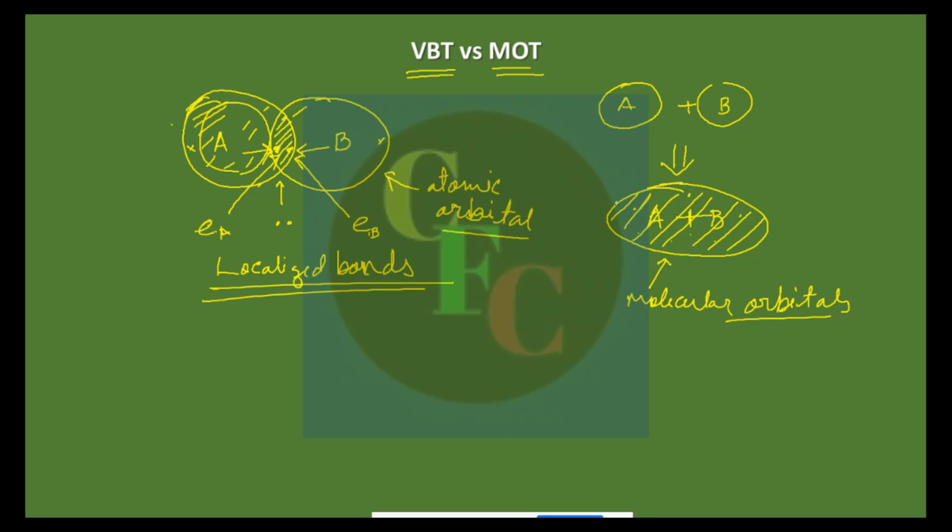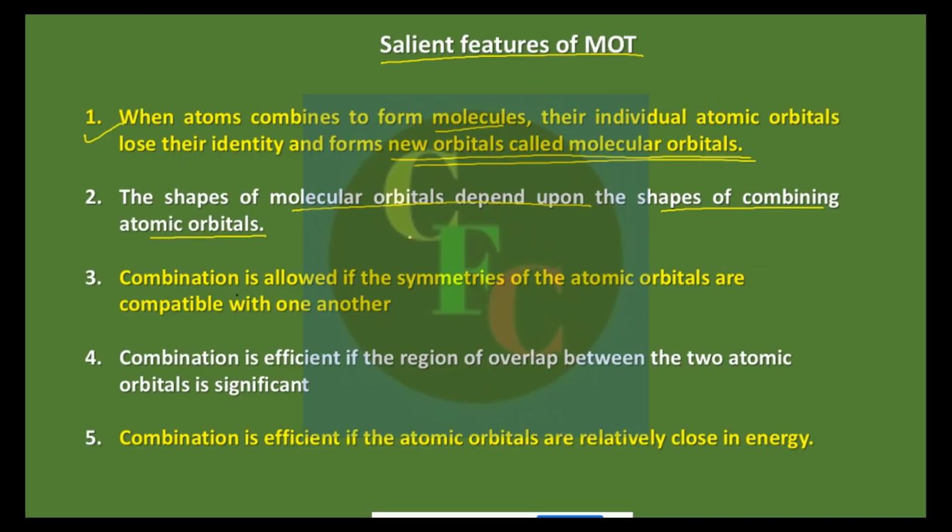So obviously the shape would be something like a rugby ball. Whereas the shape will be different if you combine two p orbitals. If you combine two d orbitals, it will be different. If you combine one s and one p, it will be something else. So the shapes depend on the combining atomic orbitals.